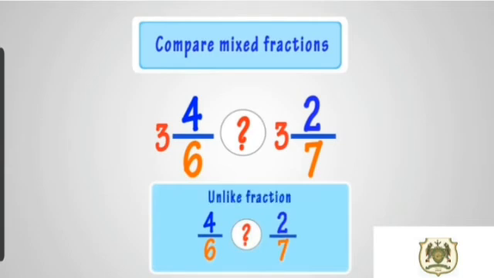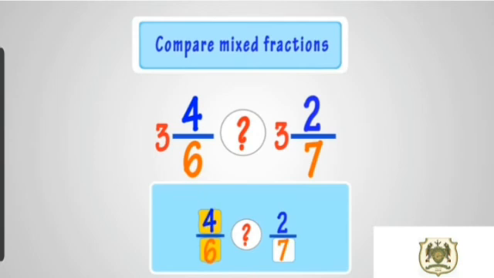Over here, I can convert 4 upon 6 and 2 upon 7 into like fractions by multiplying the denominator of one with the numerator and denominator of the other. So when I do so, I'll get 4 upon 6 into 7 and 2 upon 7 into 6.